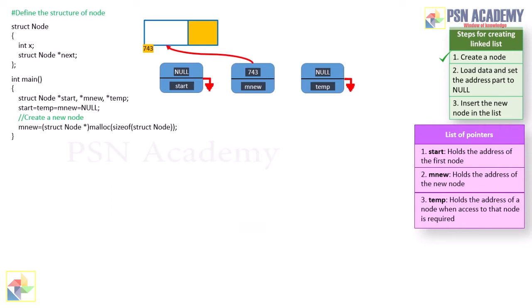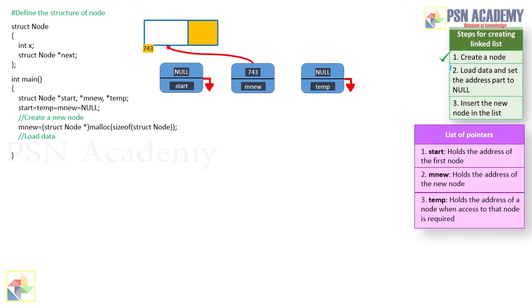Well, let's proceed. Now our node has been created at 743 with the data part nothing inside and the address part nothing inside. So our first step is over, creating a node.